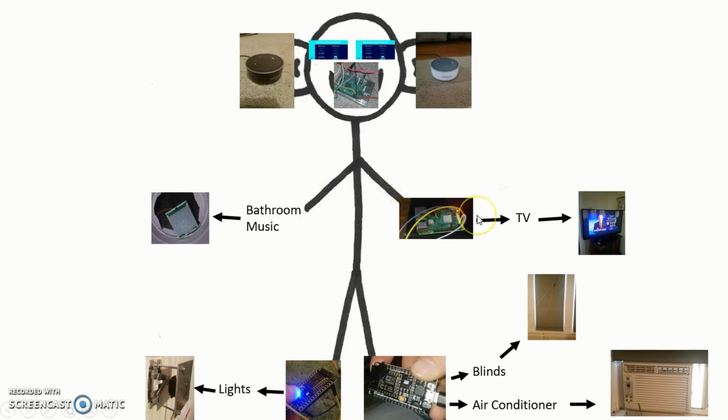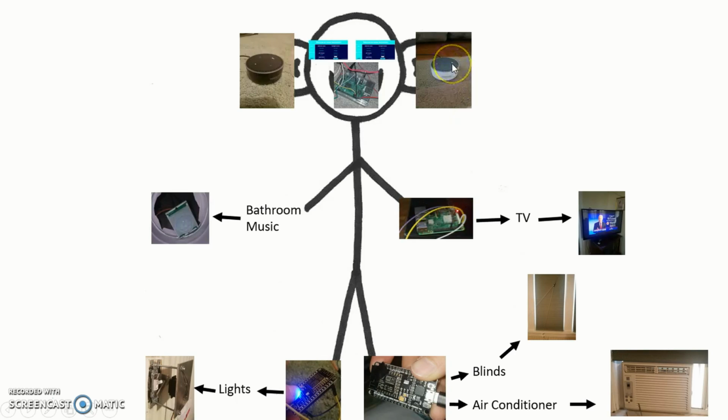Then we'll go to the TV. This is when things start getting a little tricky, because I go from Raspberry Pi to Raspberry Pi. I use this software called MQTT, and it's a publish and subscribe. So between all my microcontrollers, this publishes everything, and then all my other microcontrollers subscribe to the data. And if the data matches up to what they're looking for, they execute the commands.